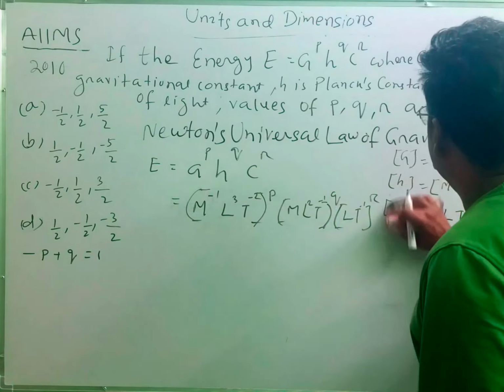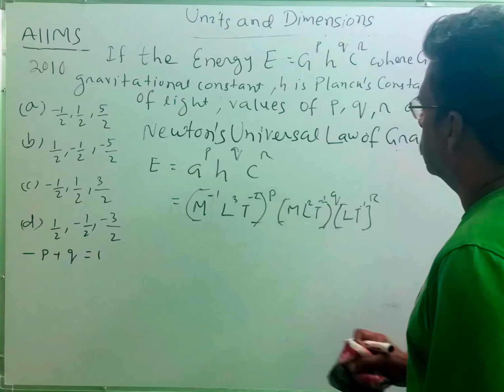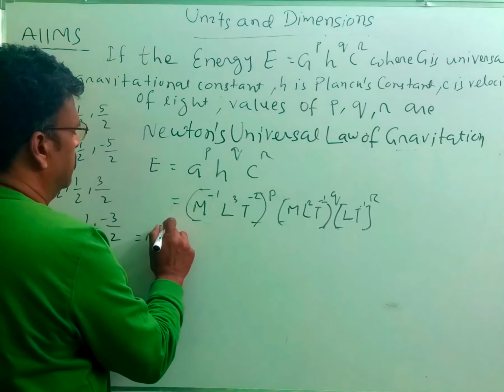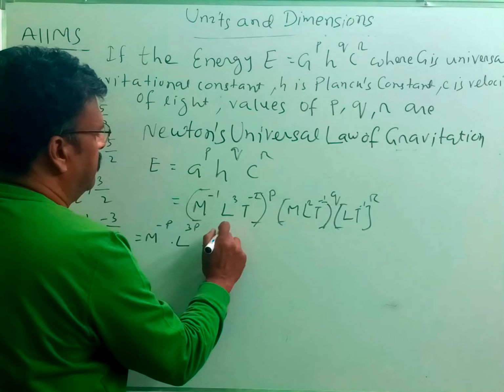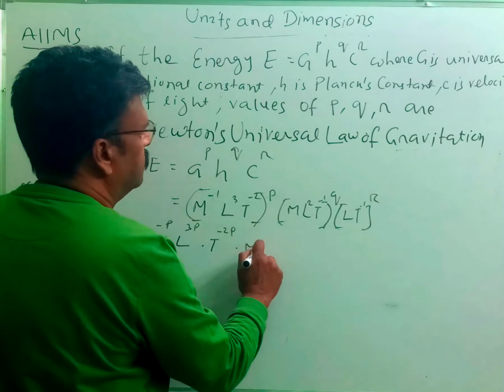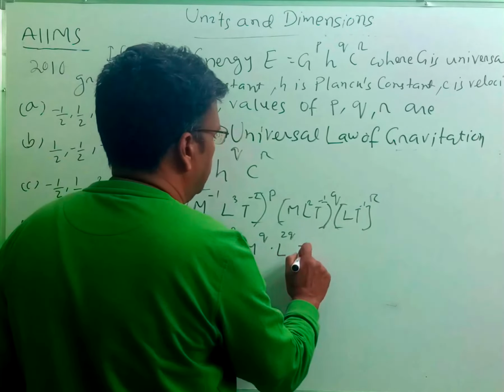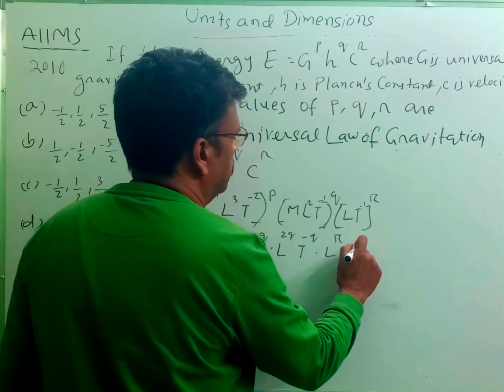Okay, student. Then let us expand this equation. This will be M to the power minus p, L to the power 3p, T to the power minus 2p, M to the power q, L to the power 2q, T to the power minus q, L to the power r, T to the power minus r.